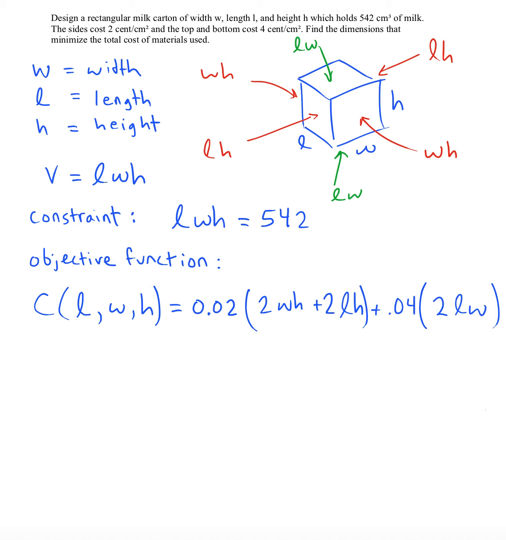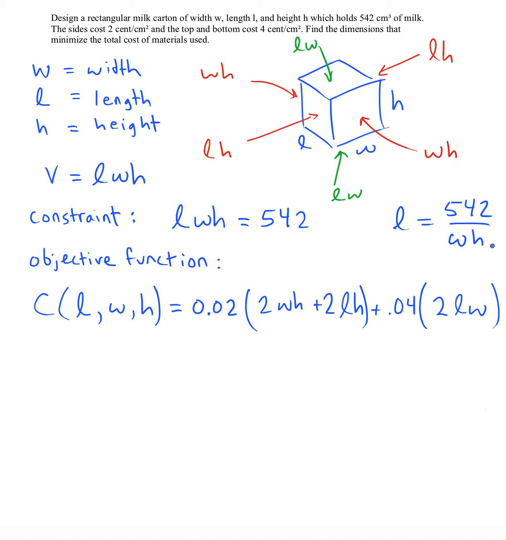But we do want to get this equation down to 2 variables so that we can use our techniques of minimization and maximization. So what I'm going to do first is I'm going to rearrange the equation here, LWH equals 542. I'm going to solve it for one of the variables. I'll get L equals 542 over WH.